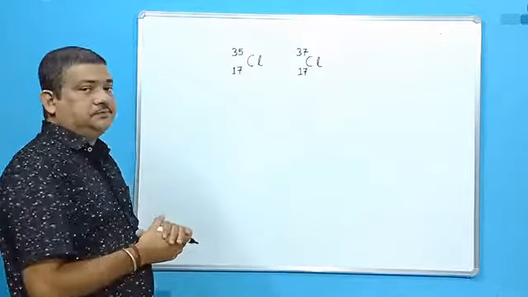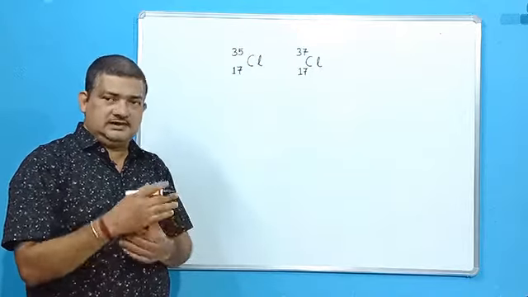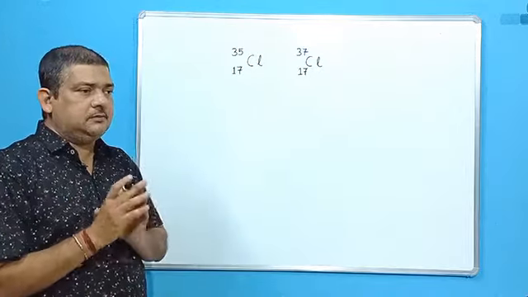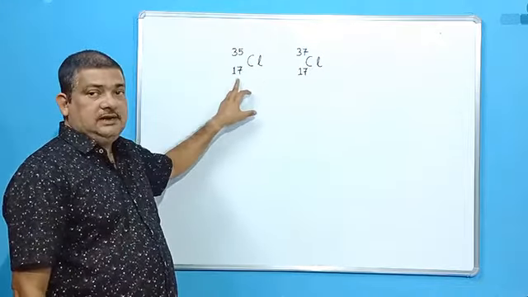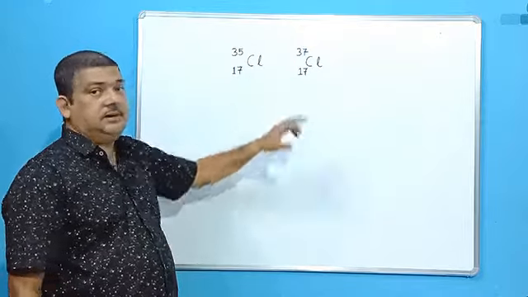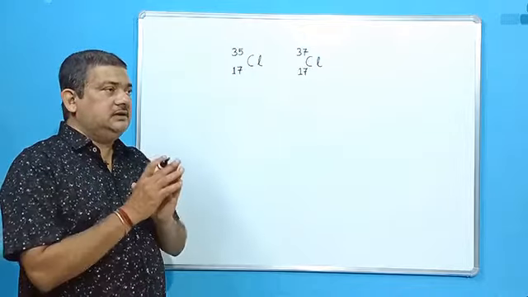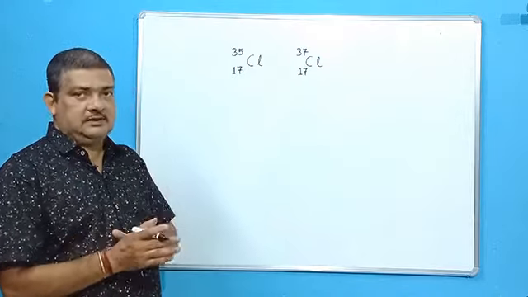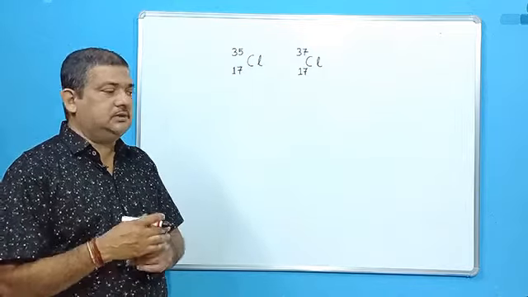These two are the isotopes of chlorine. I will define isotope again afterwards, but you know what an isotope is. Any two species having the same atomic number but different mass number are called isotopes.